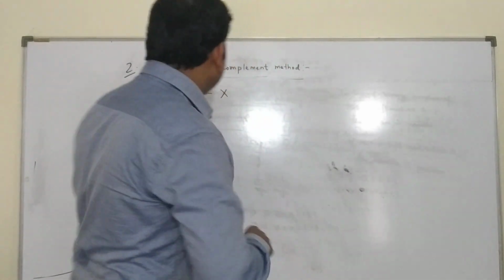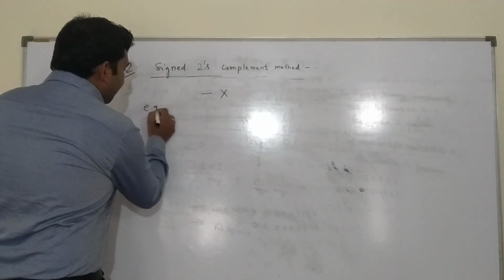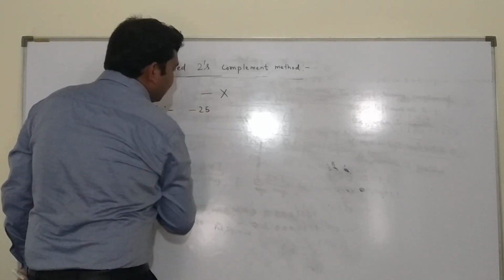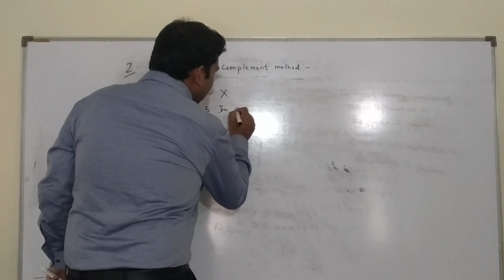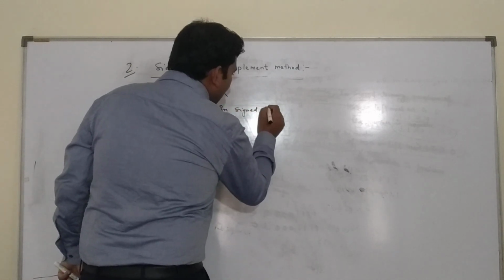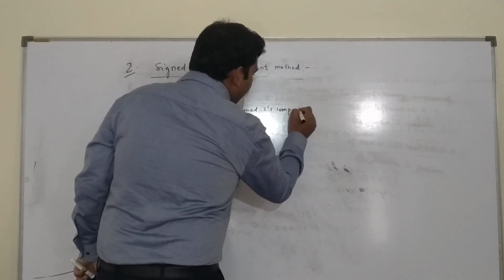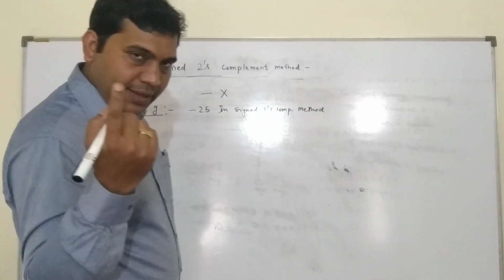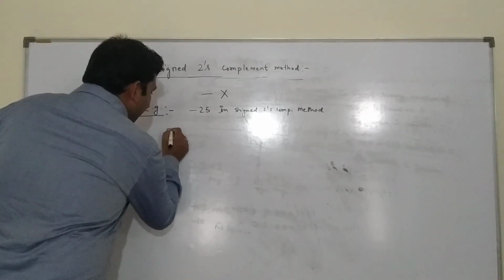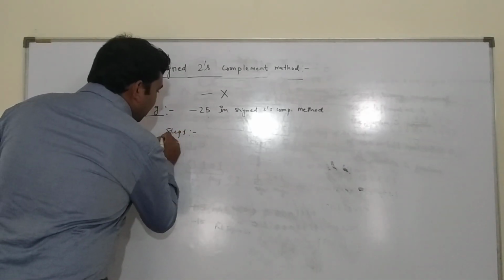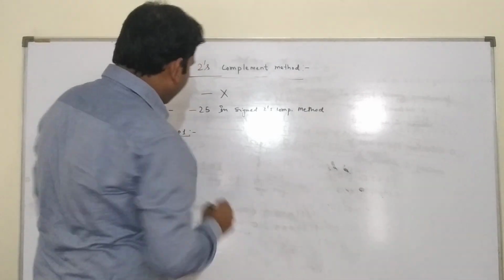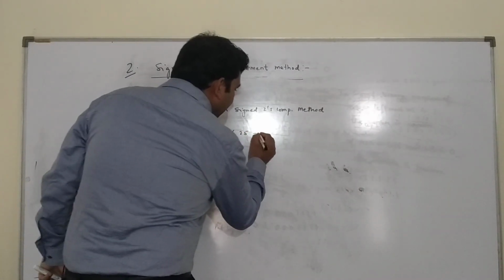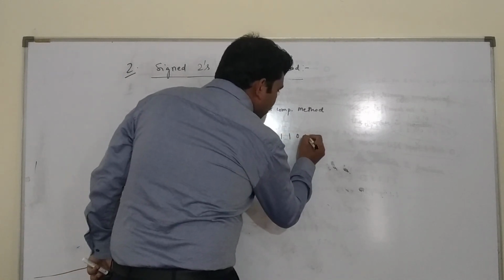For example, minus 25 in signed twos complement method. Again step number one is the same: the magnitude of 25, which is 11001.